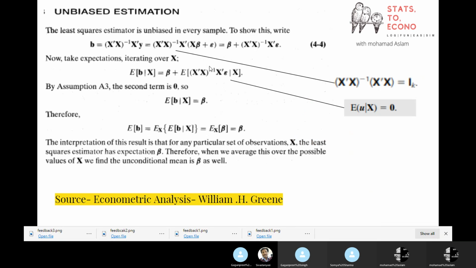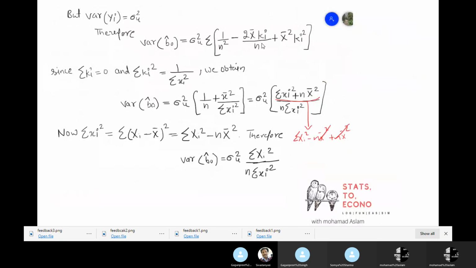We have just solved this equation, and if you solve it, you will get this equation. You have to put the value that ki square is 1 by summation xi square, and this equation, that is 2 ki, and you will remain with this. Or let me solve it for you if you want.